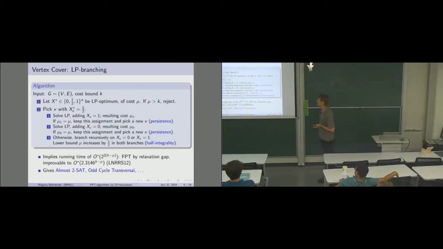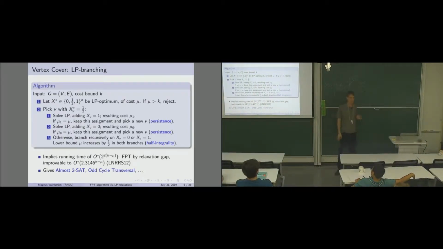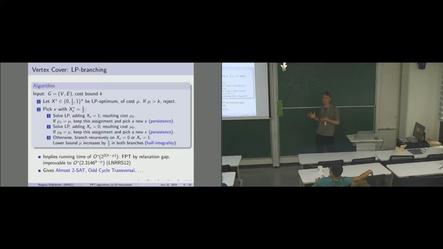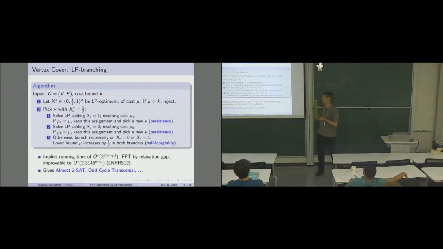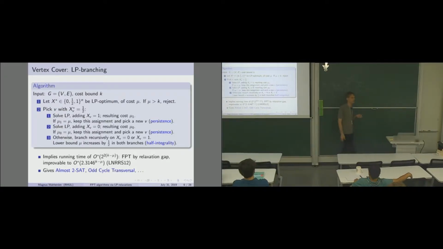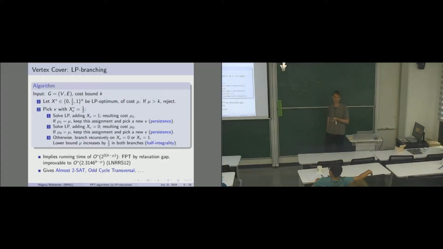And it happens, although I won't really explain how, that vertex cover parameterized by the gap between the solution and the LP is a tightening of the parameterization by k minus maximum matching number, which happens to be equivalent to a very important problem called almost 2-SAT.